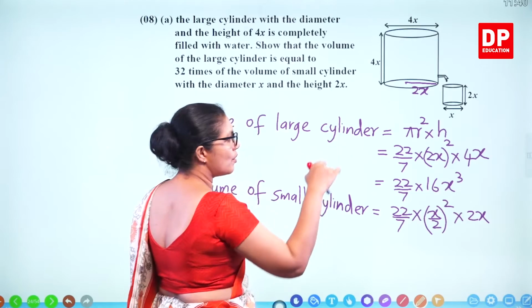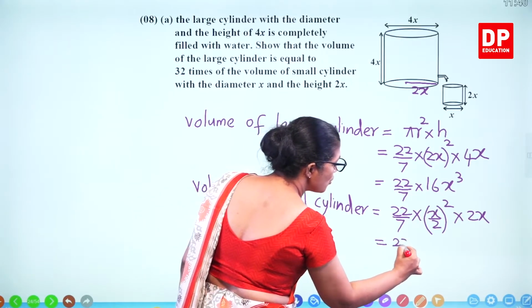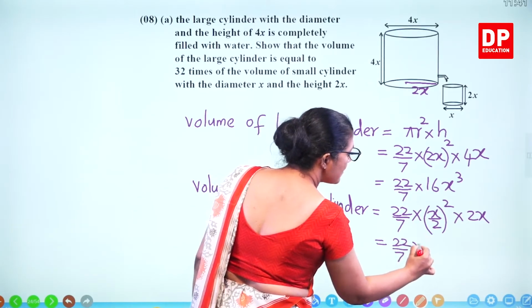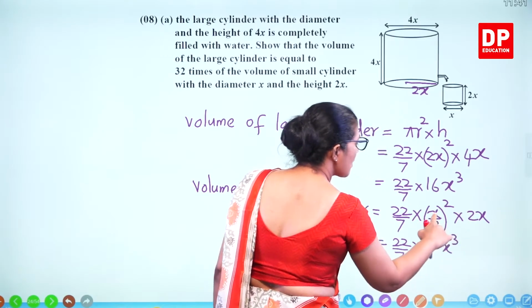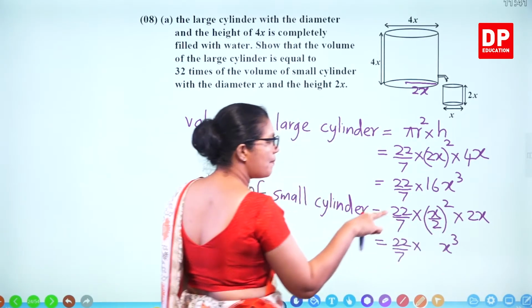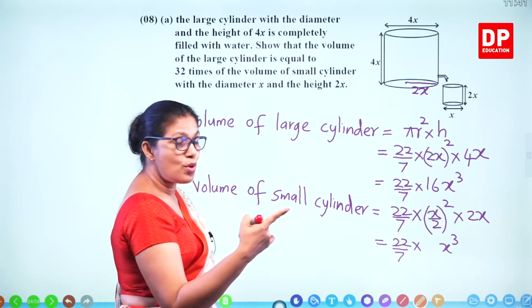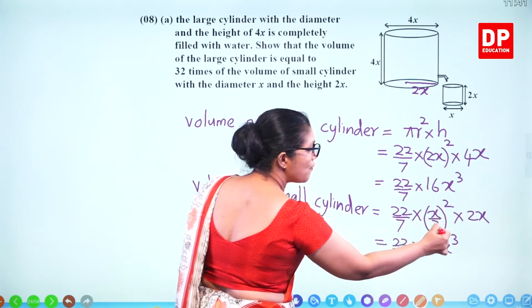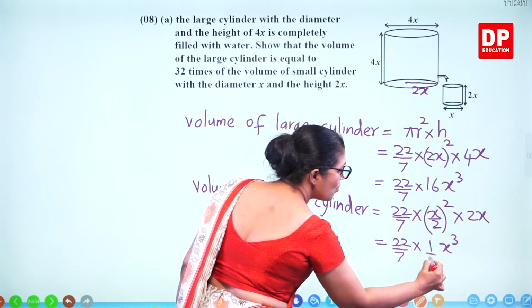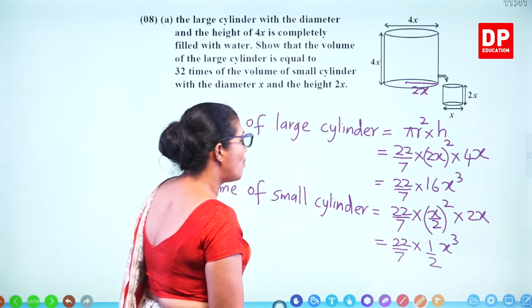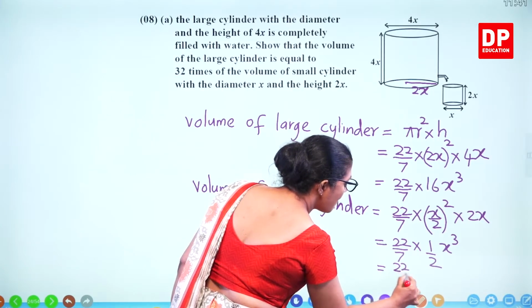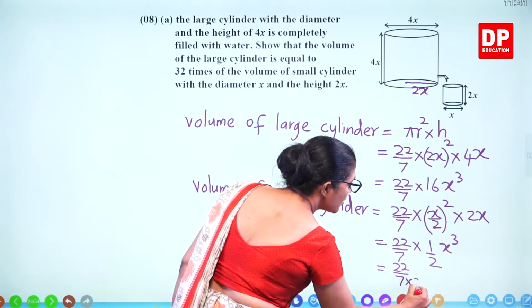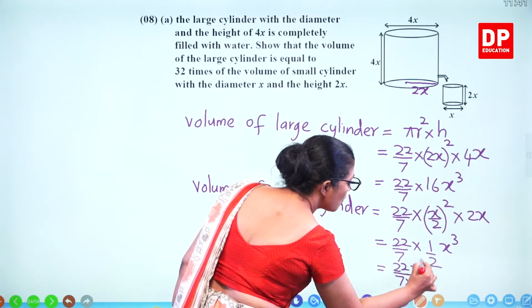Now simplify 22 over 7. This x squared and x, x cubed. Here 4 is there in the denominator and 2 above. So 2 and 4, you get 2 here. So you get 22 over 7, and here 2 comes, x cubed.